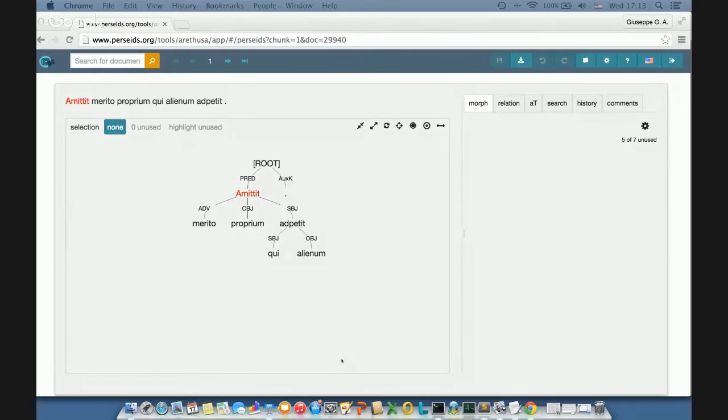So what about the subject for this sentence? We are not really very lucky here, because we don't have a simple noun, but we have an entire clause. So the one who strives for someone else's possession. So this is what counts as the subject for this sentence. And here we have a problem, because how can we annotate that the subject is an entire clause here?